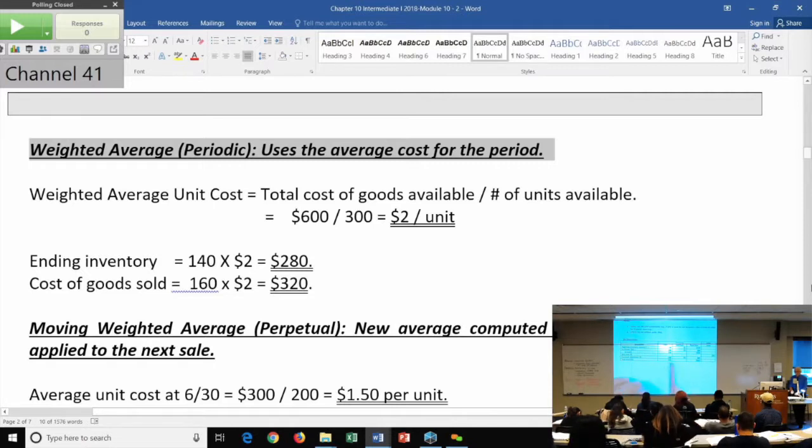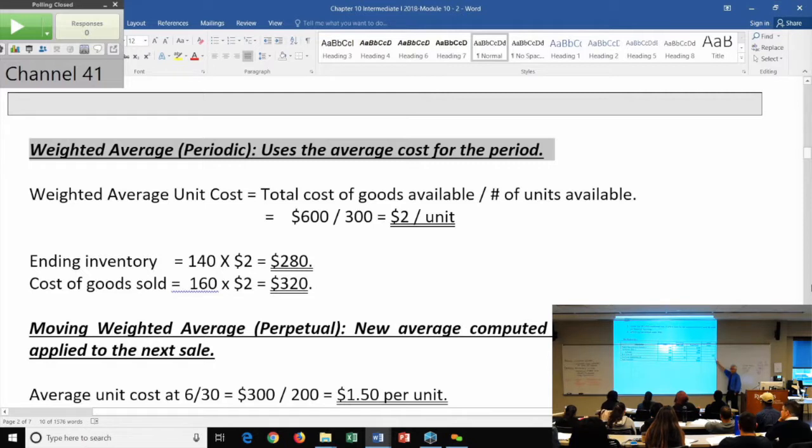Now, what is the flaw in a periodic system? Does anyone see a problem here? That's why I wanted you to use this example. What's the problem with using the average for year one? Is it because you're using the whole year instead of just up to June and then December? Exactly. If you think about it, you're using a purchase on September 30th that did not exist when the sale took place.